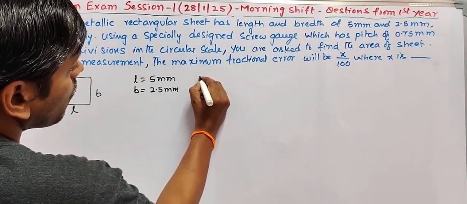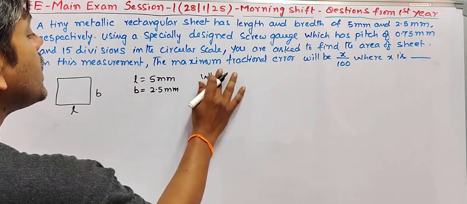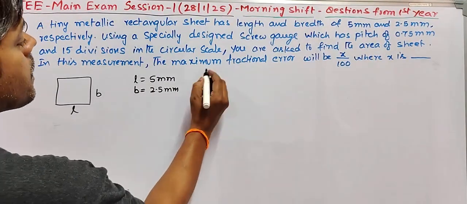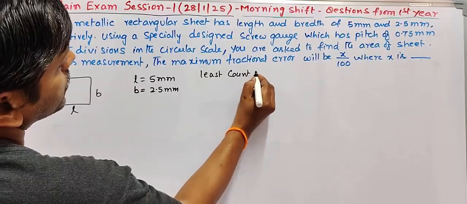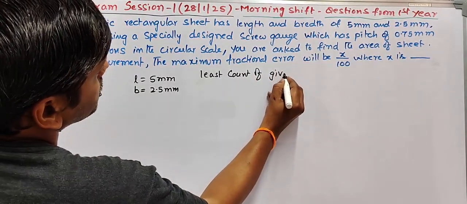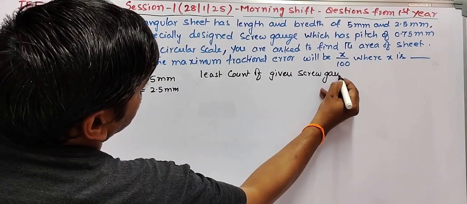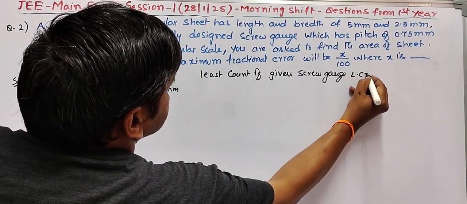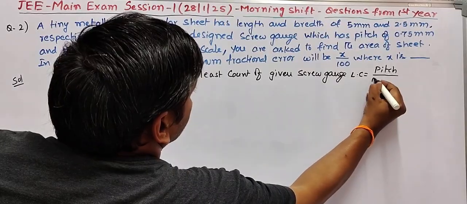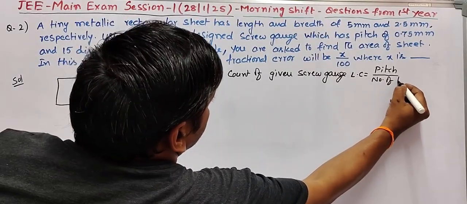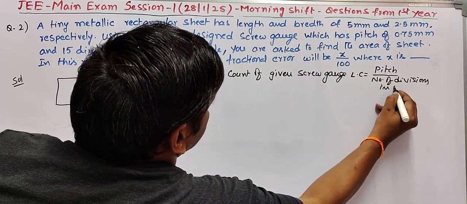So what is the least count of the given screw gauge? Least count is equal to pitch by number of divisions in the circular scale.